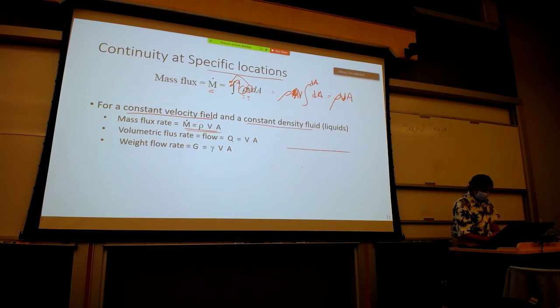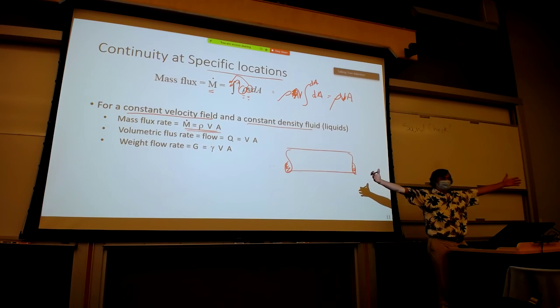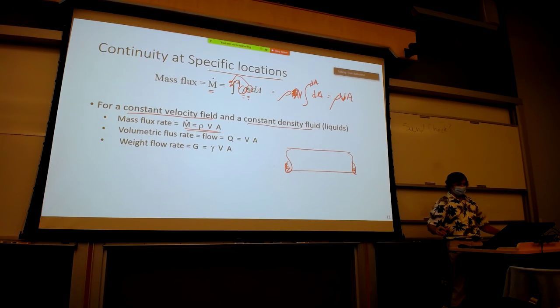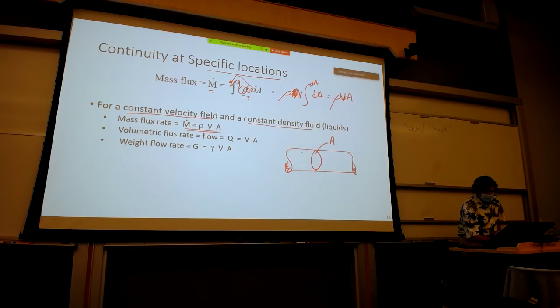So here's a pipe, and when I draw a pipe or the end of a pipe that looks like this, all I'm indicating is that I cut it away from the rest of the system. So this pipe is continuing in both directions, left and right, and we're just looking at this piece. And so what we're saying is, if we look at the cross-section A, in this pipe, we have a constant velocity vector.